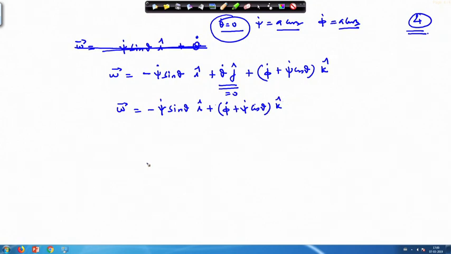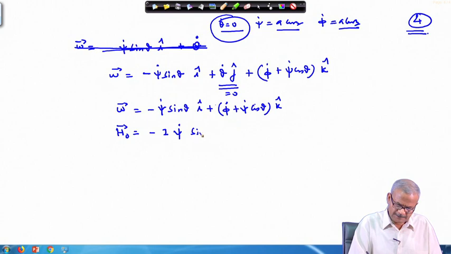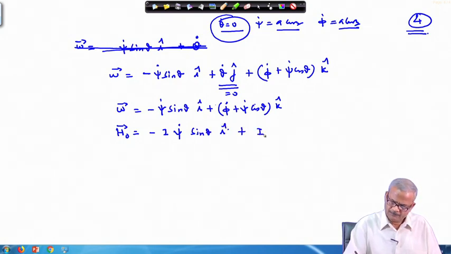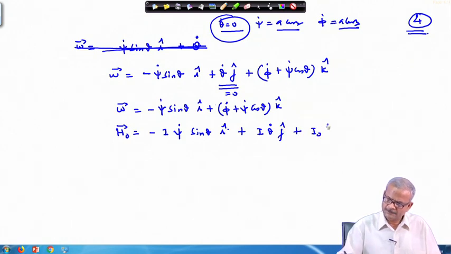This is omega, and similarly the H 0 vector, then what we have written earlier. So, that gets reduced to H 0, which we have written as minus I times psi dot sin theta times I cap plus I 0 times, basically multiplying this by I and this.